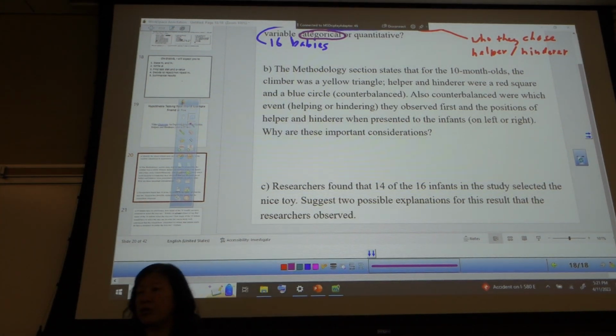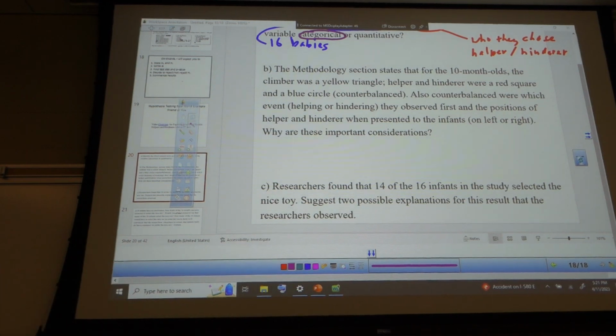Why is it important to do this counterbalance where you mix it up a little bit? Yeah. I said that it eliminates any effects of consistency. Anyone else want to add anything? Yep. It takes out confounding variables, or at least it tries to. Right. Tries to reduce those confounding variables because maybe they prefer yellow, or maybe they prefer squares. You know what I mean?